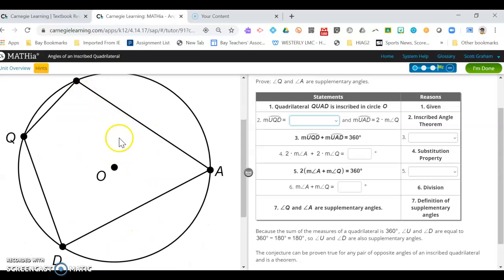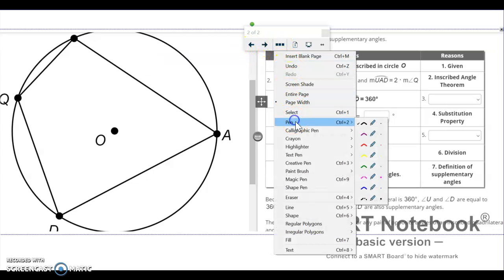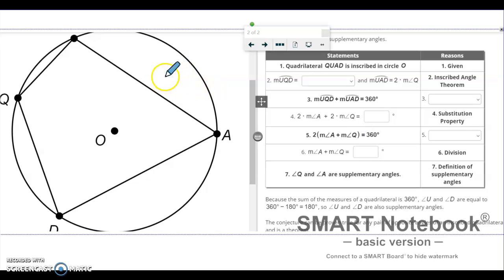If you remember, we talked about how your angle is equal to half the arc. Another way to think about this is that the arc equals twice the angle.